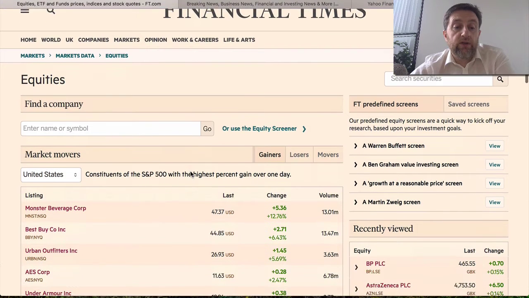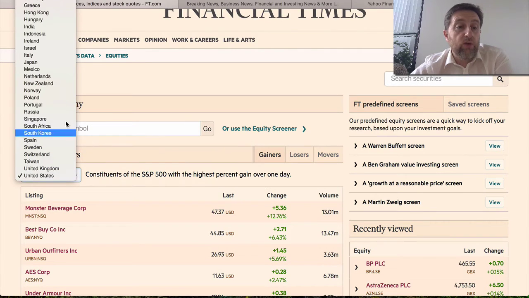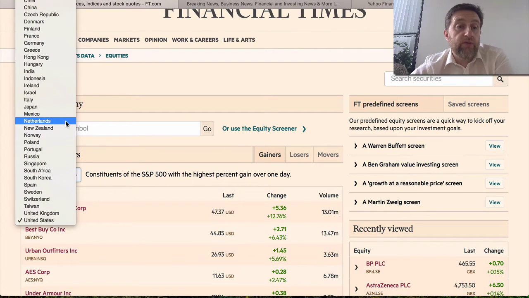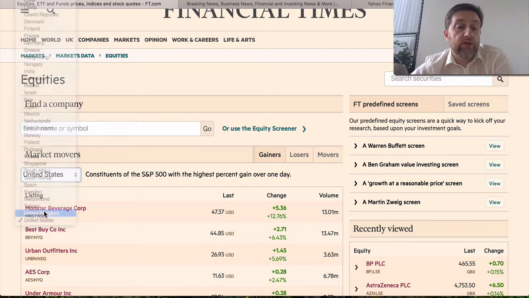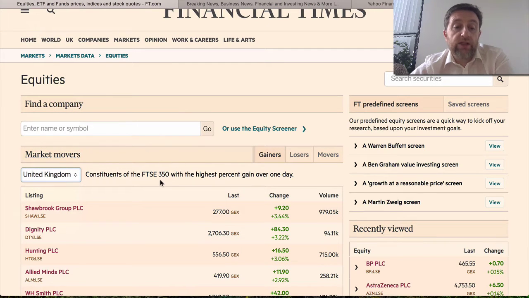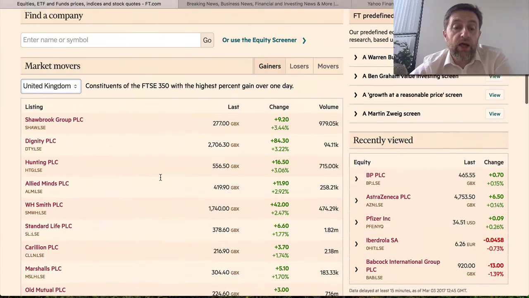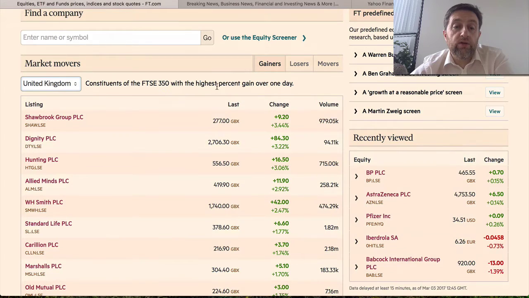And you can see here that, first of all, you have the market movers, and we can choose which country we want to look at for the market movers. I'm going to look at the United Kingdom. So these are constituents of the FTSE 350, the 350 largest companies, and they're telling you what the best movers are today.